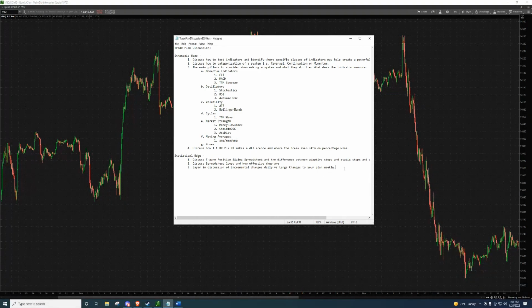So this week we're gonna discuss two important factors towards building a trade plan, working with a trade plan, and ultimately how to work incrementally towards that process.